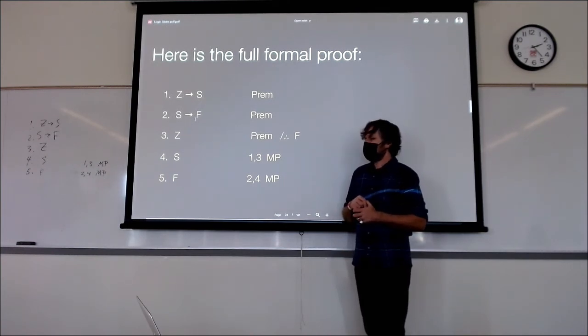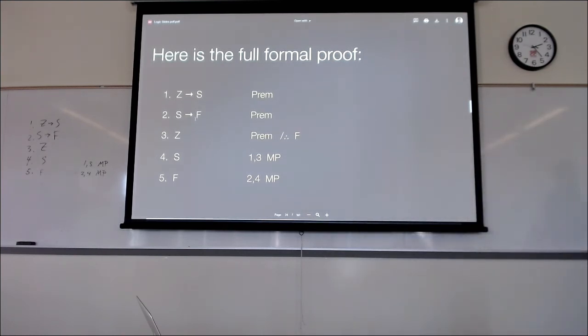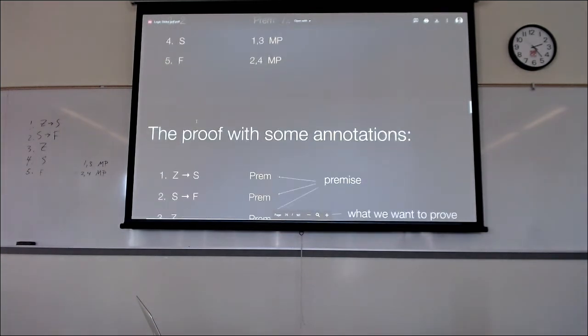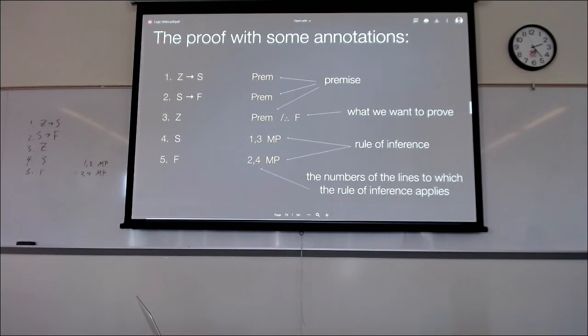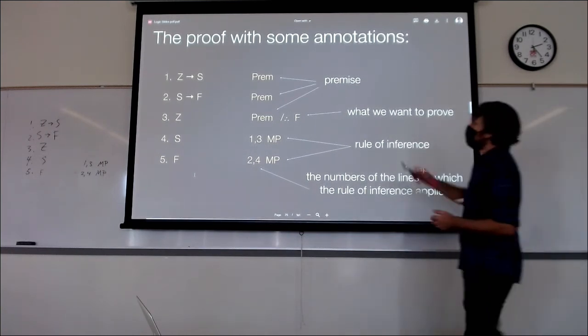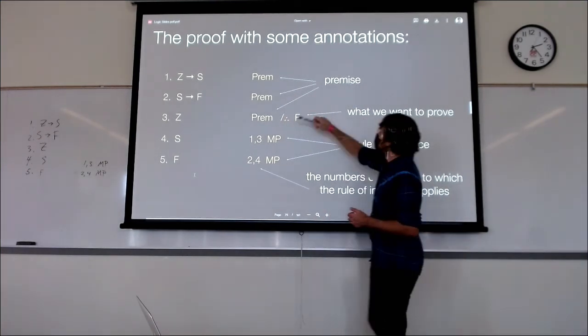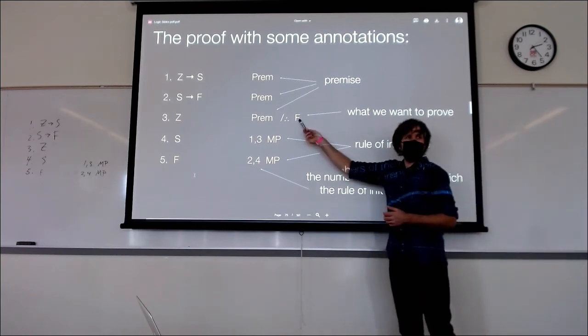All right. We should do another proof, right? Let's see. Oh, this is kind of useful. I did actually annotate this proof a little bit with arrows. So premise, premise, premise, premise. What we want to prove is right there.